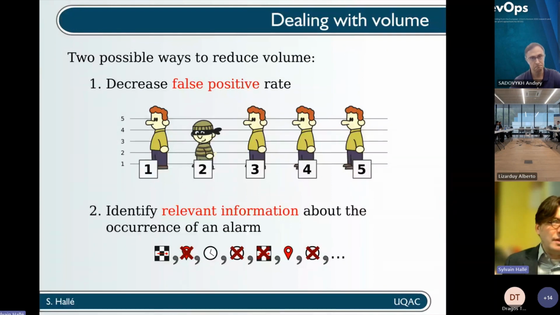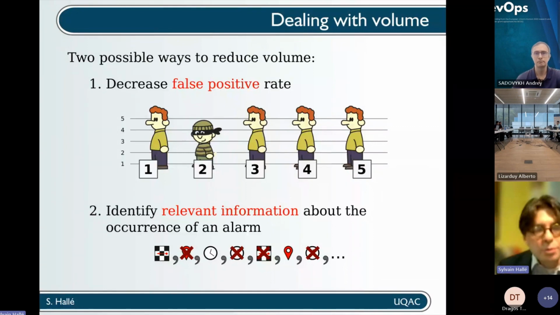The first is to decrease the false positive rate, because many times it's preferable to have more warnings than not, so that you don't miss anything relevant. But of course, you pay a price for that. You have false positives, warnings that do not represent an actual event that needs to be examined. So one possibility is to be as precise as possible to make sure that you generate as few false positives as you can.